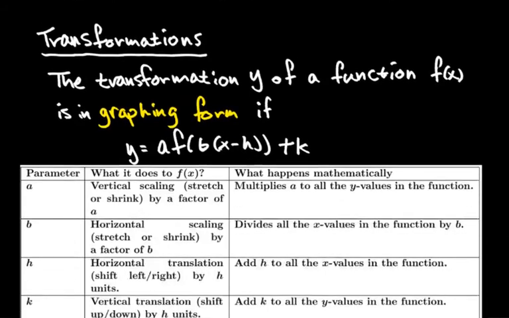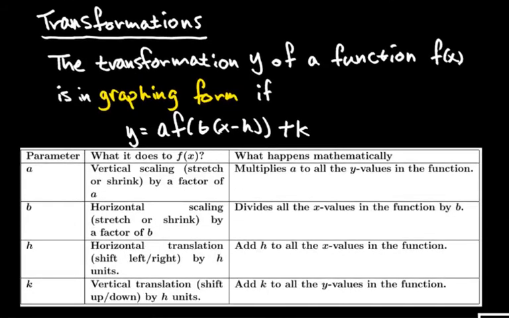Okay, transformations. So, essentially, a transformation, which we will call y, of a function, which we will call f of x, is in what's called graphing form if y equals a times f of the quantity b times the quantity x minus h, all plus k.